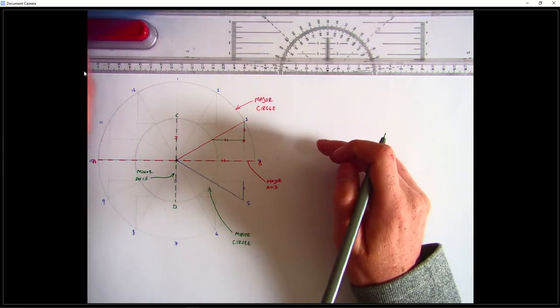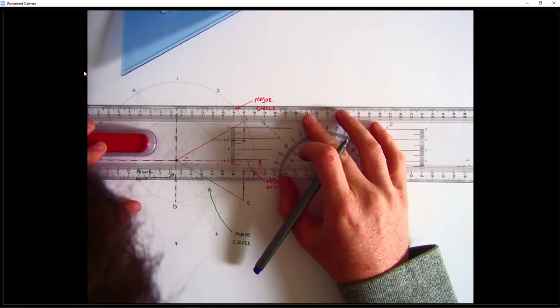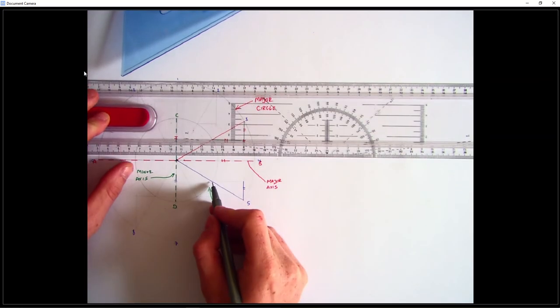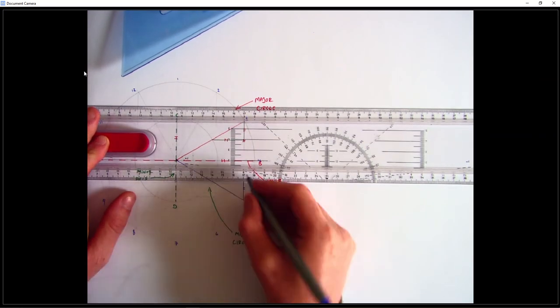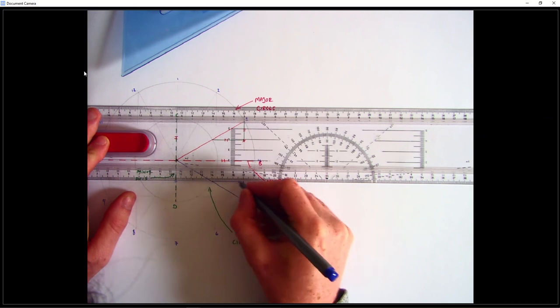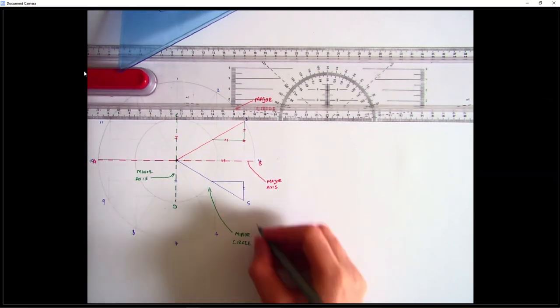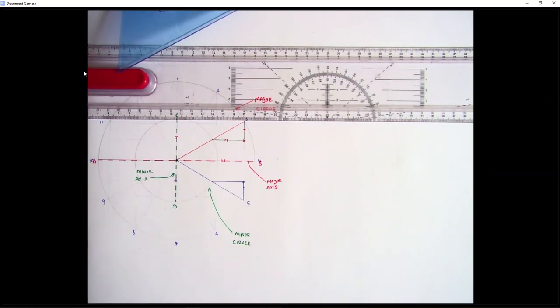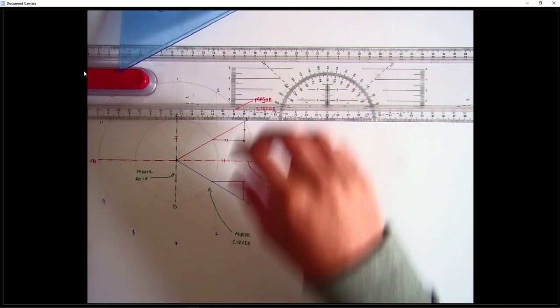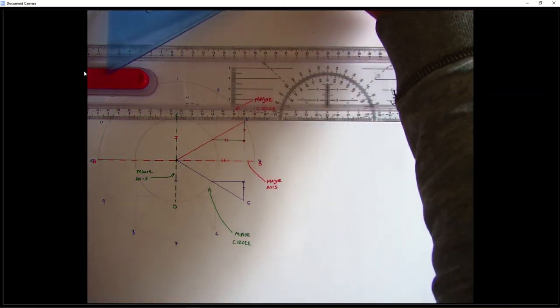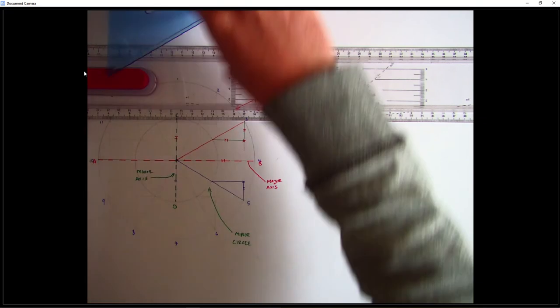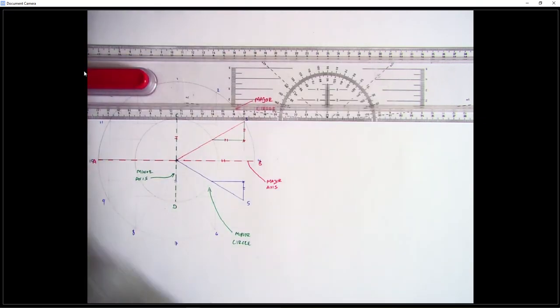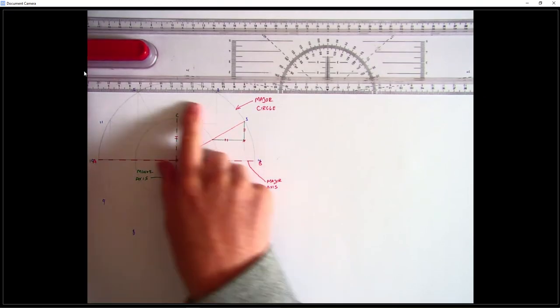Then I'll come down again and draw coming out from where that line intersects the minor circle. And where the two of them intersect, that's getting me that point there. Now, the rest of these I already have drawn in, so as you can see right around, if you look closely, I have them drawn in lightly already.